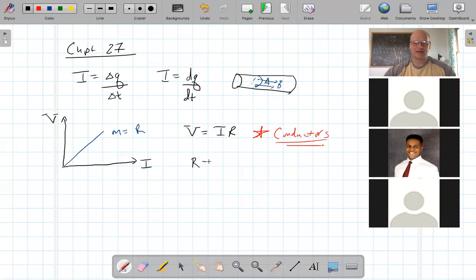Resistance, we said, is basically what? The collisions that the object is making inside of the wire. So in this case, we have the resistance is equal to resistivity times the length divided by the area. So here's my circuit element or my wire, whatever it happens to be. Here are the atoms on the inside.